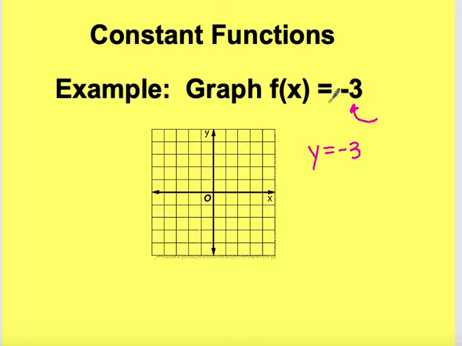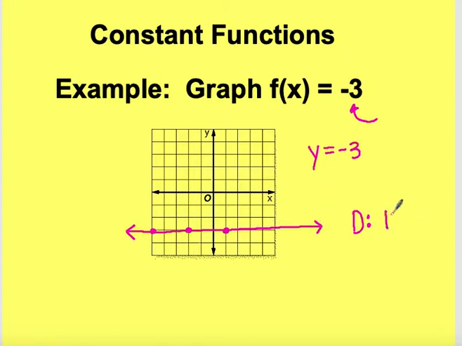If we plot points, no matter what value I choose for x, y is constantly -3. If I choose an x of 1, y is -3. If x is -2, y is consistently -3, giving us that horizontal line. Now, if I asked you to find the domain, I have a value at 0, at 4, at 5, at 10, at 100.